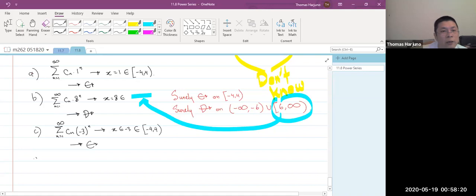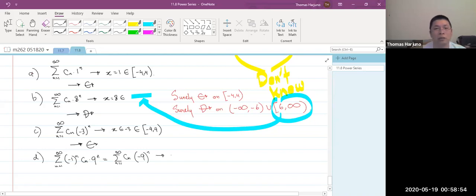How about part D? That's (-1)^n Cn (-9)^n, or 9^n, not negative. And that will be Cn (-9)^n, is that right?